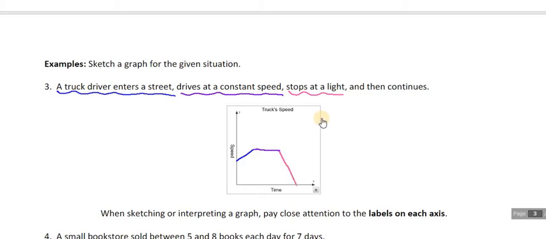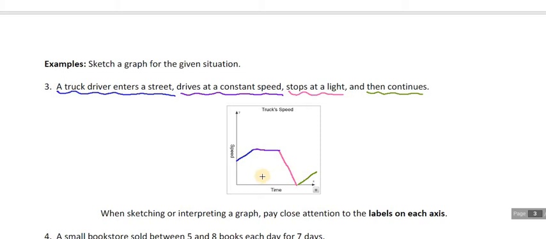And then he's going to continue on. So then his speed is going to gradually start up again. Okay, so entering a street, you generally start off a little slower, then you start to pick up speed. Then you drive at a constant speed. Then we stop at a light. Well, it takes time to go from that certain speed to a speed of 0, and then continuing on.